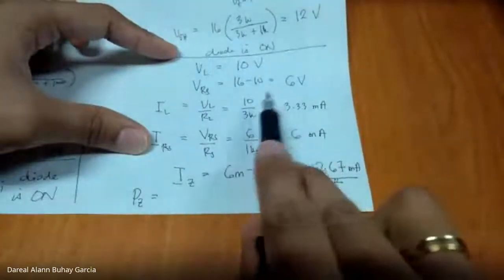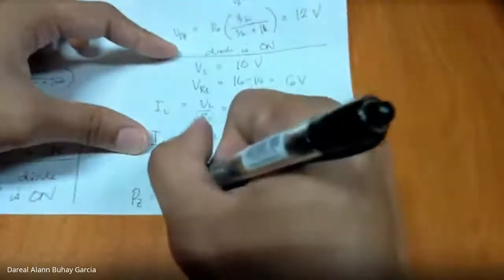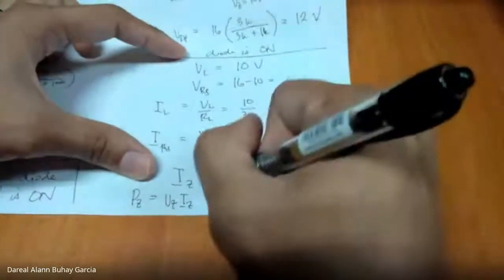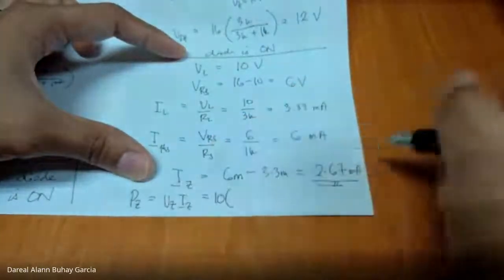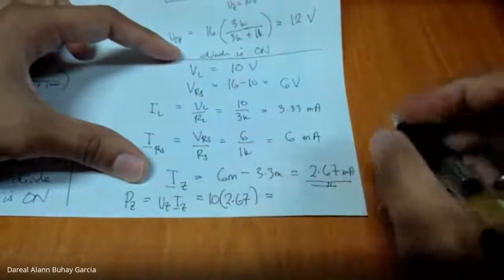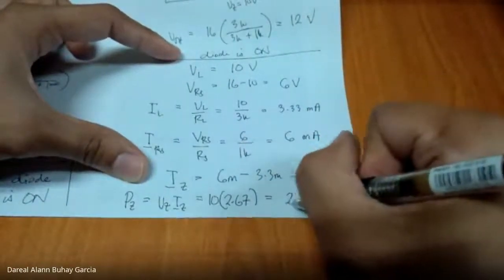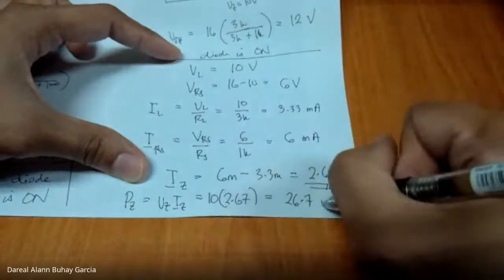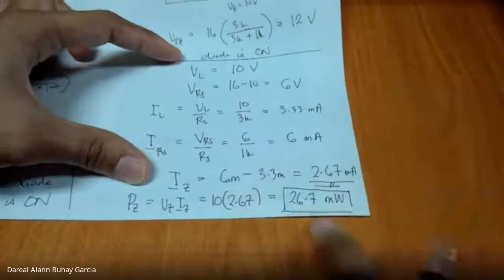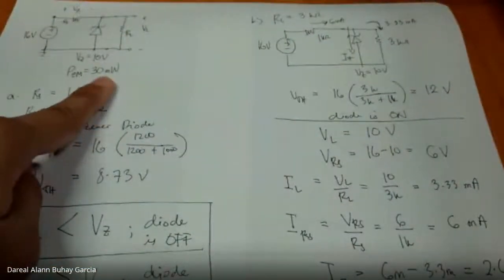PZ is equal to VZ times IZ. 10 volts times 2.67 is equal sa ito na sa mga 26.7 milliwatts. Bakit wala pa naabot ang 30 milliwatts.